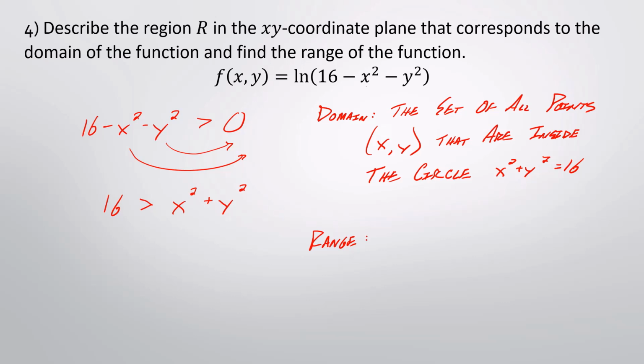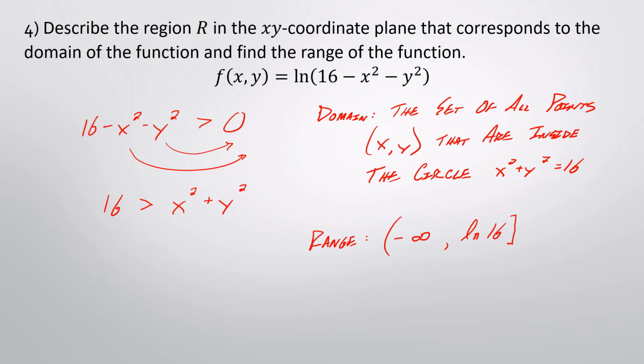So my range for this one still will go as low as possible. The closer to 0 the inside number gets, the closer the y value would be to negative infinity. So that's going to go down forever. But it does max out, because the highest value for the inside is 16, so the natural log of 16, which is not really a nice, easy, perfect number.